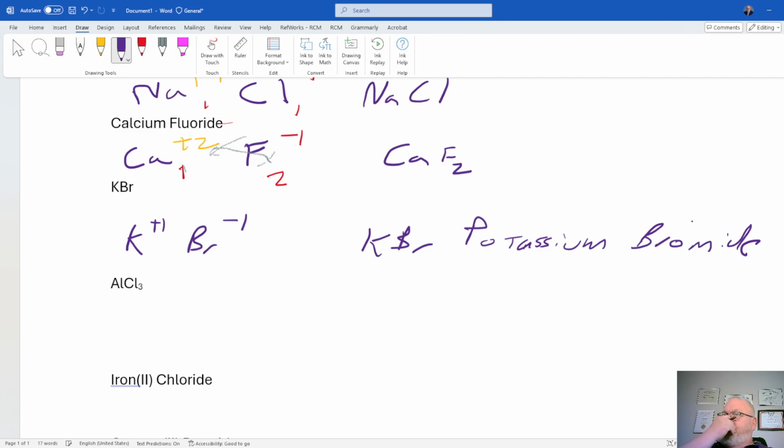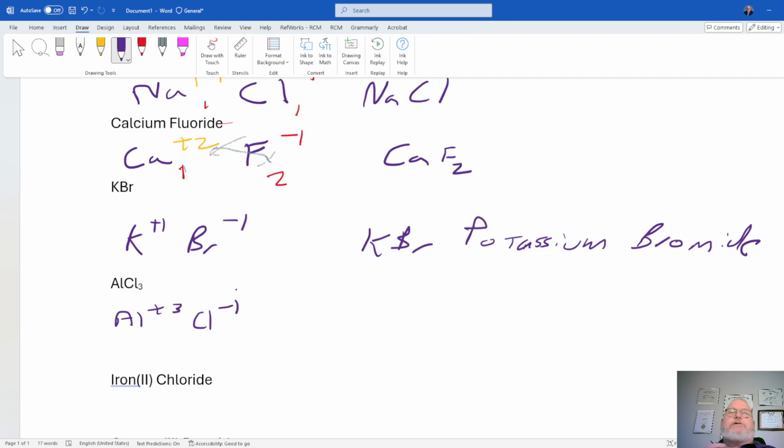All right. So this is aluminum and chlorine, Cl. Now aluminum is in group 13, right? So that means it's got a +3 charge. Chlorine is a group 17, it's got a -1 charge.